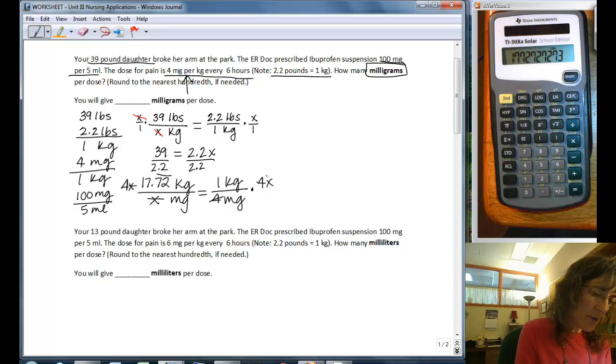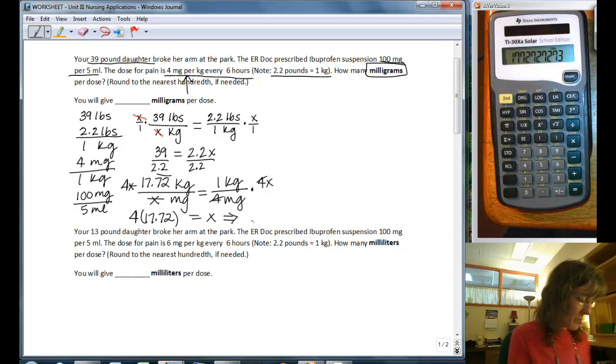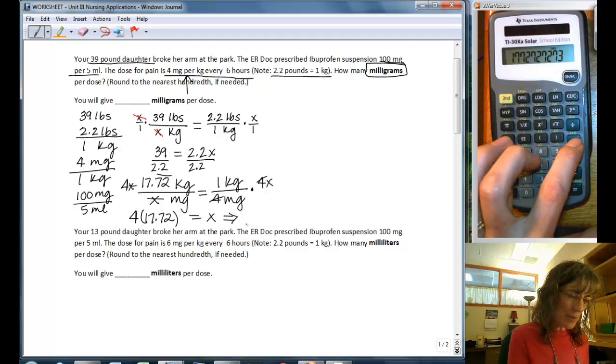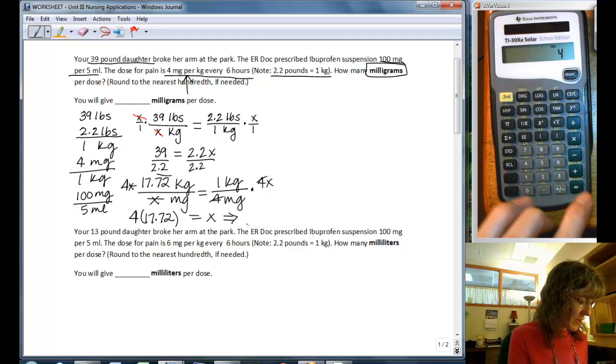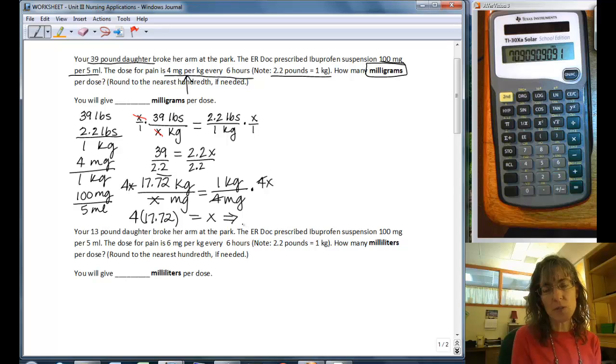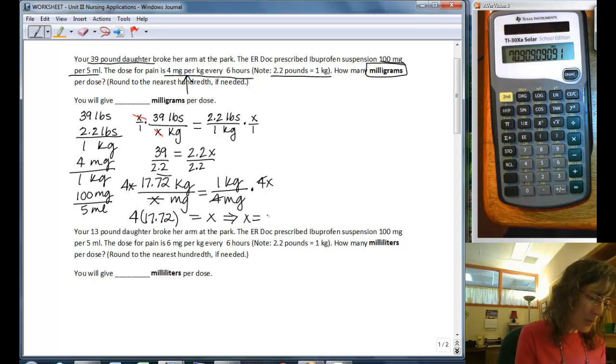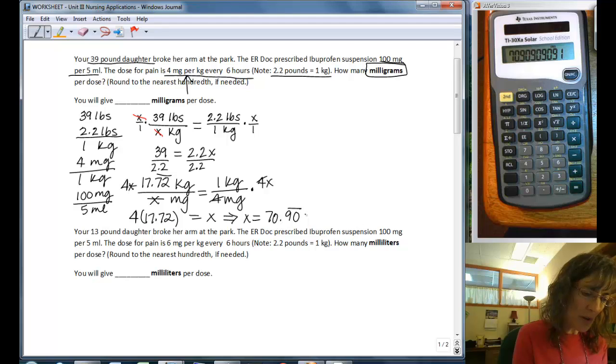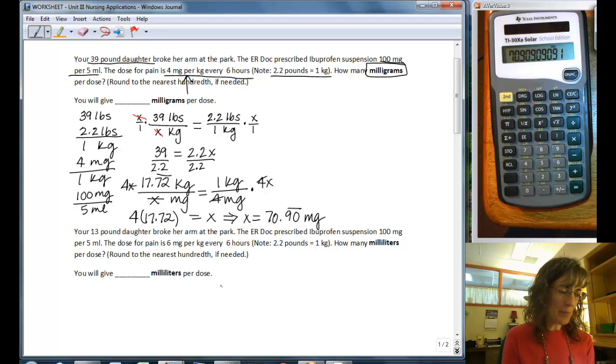My x's go, my 4's go, and I have 4 times 17.72 equals x. And if I multiply, I have the 17.72. Remember, that was my repeating decimal. I'm leaving the long one on my calculator, and I'm just going to do times 4. This is very important so I don't lose any digits of precision. Now my x equals 70.90 repeating. And my units are milligrams.